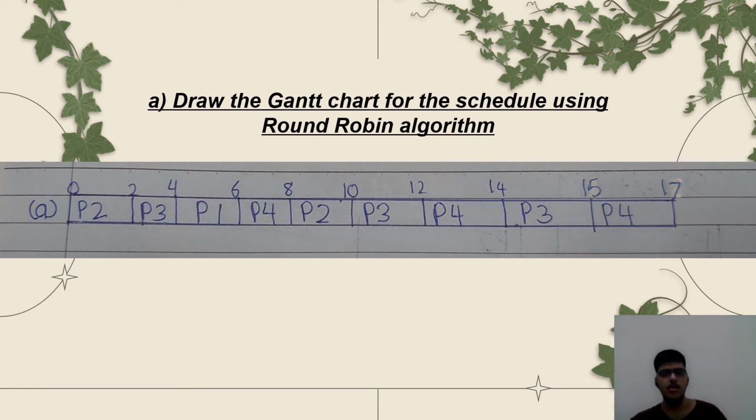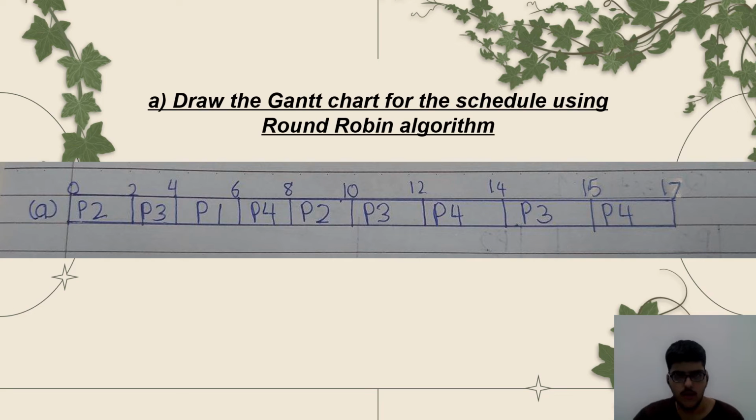Round robin. First we must know the quantum for this question, which is 2. The order is P2, P3, P1, P4, P2, P3, P4, P3, and P4. The last one is P4. From 0 to 2 is P2.